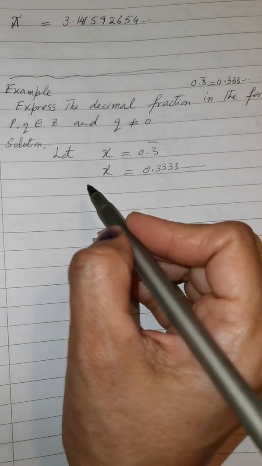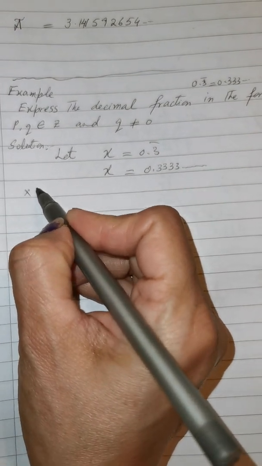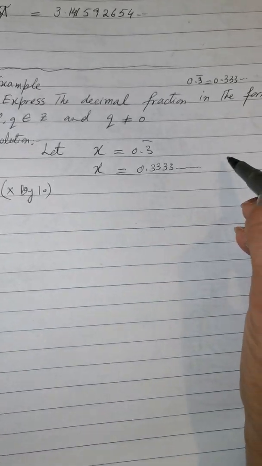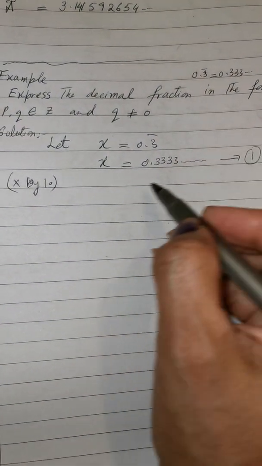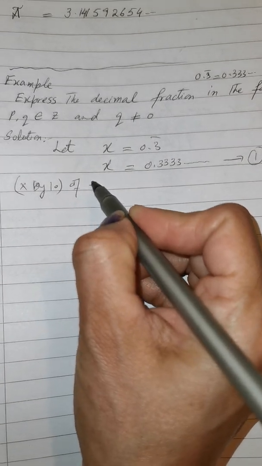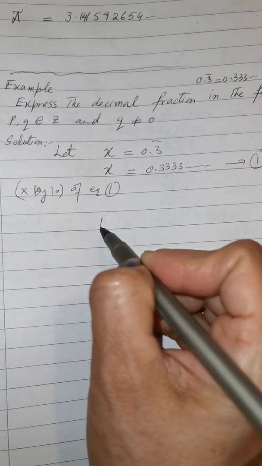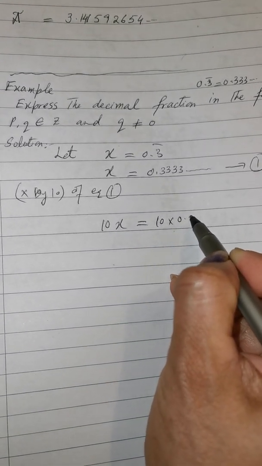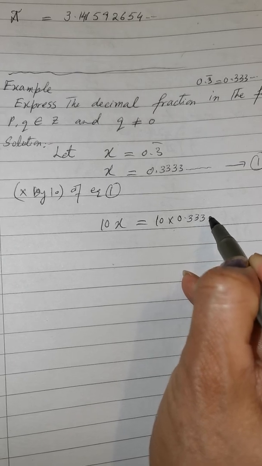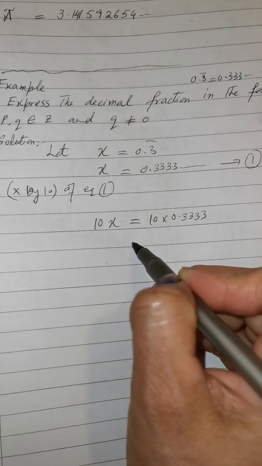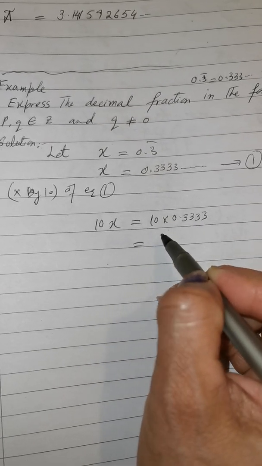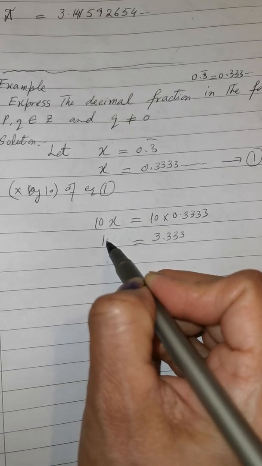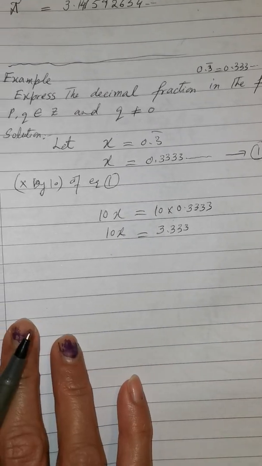Now if I multiply both sides of this equation 1 by 10, I will get 10x is equal to 3.333, something like that. After multiplying this, the decimal part will be the same, it will be 10x, right?